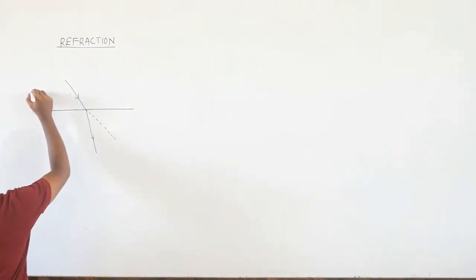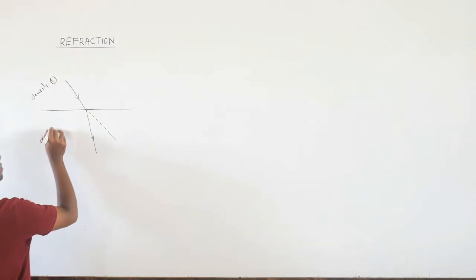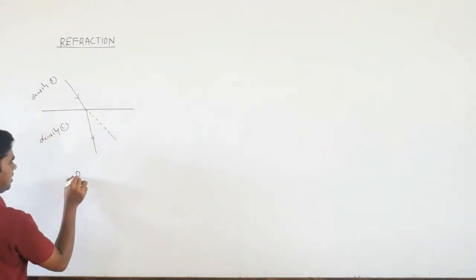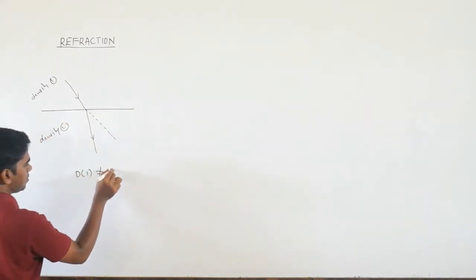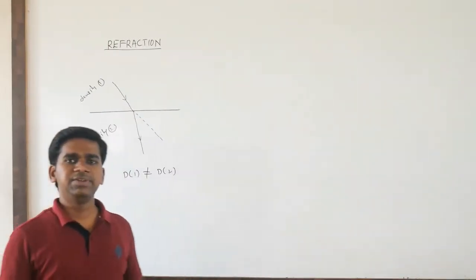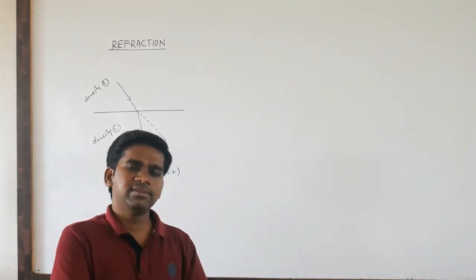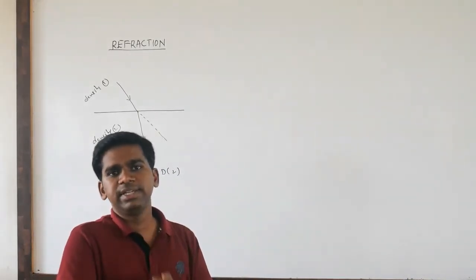But if and only if the density of the first medium is not equal to the density of the second medium, that is, density one should not be equal to density two. Because of the change in density, when light travels into another medium whose density is different from the first medium, its velocity decreases.